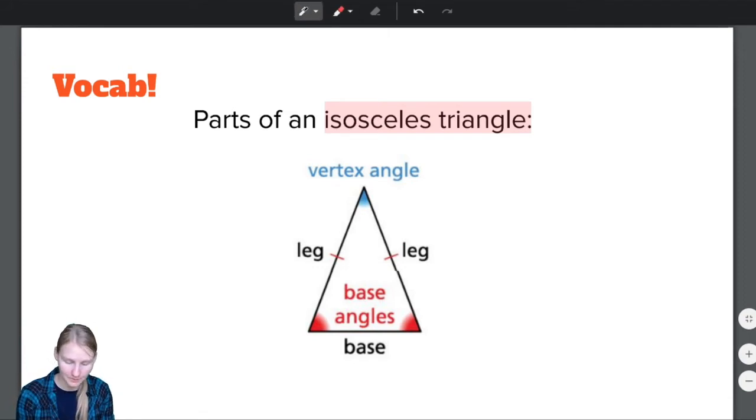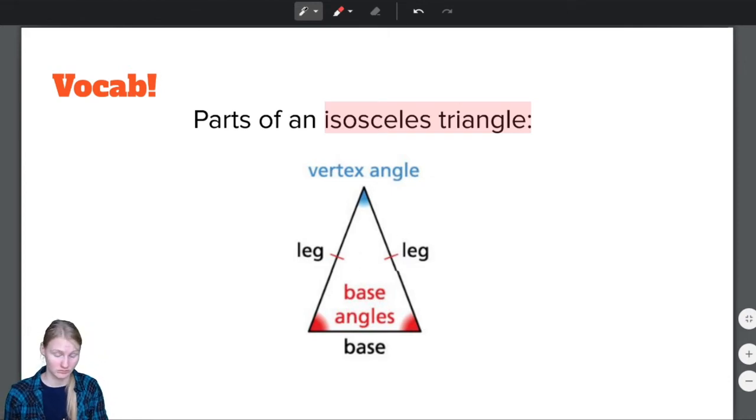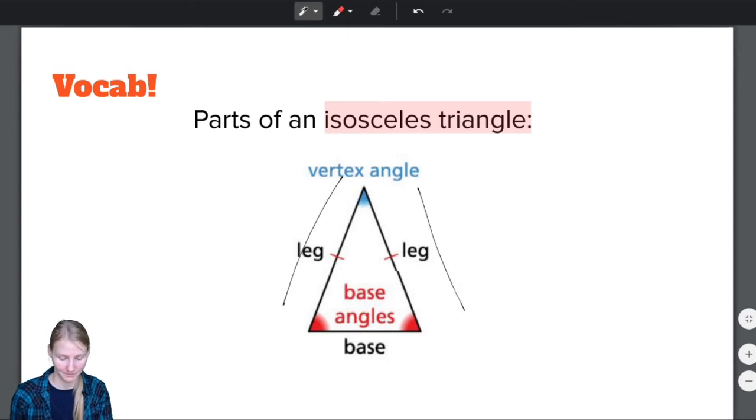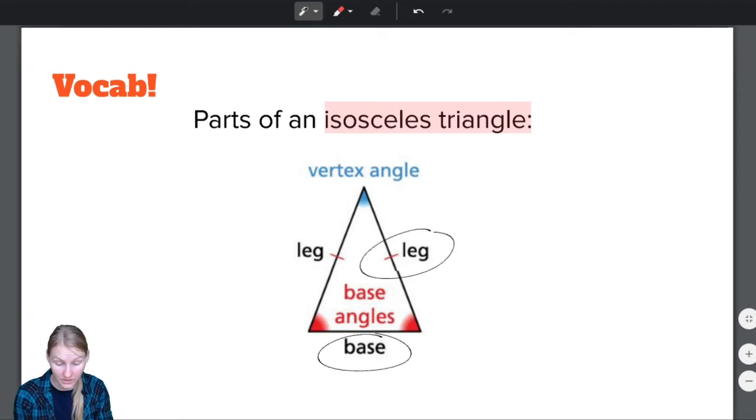We call the two sides that are congruent legs. They have two legs. We call the other side, the third side, that might not be congruent to the legs, the base.